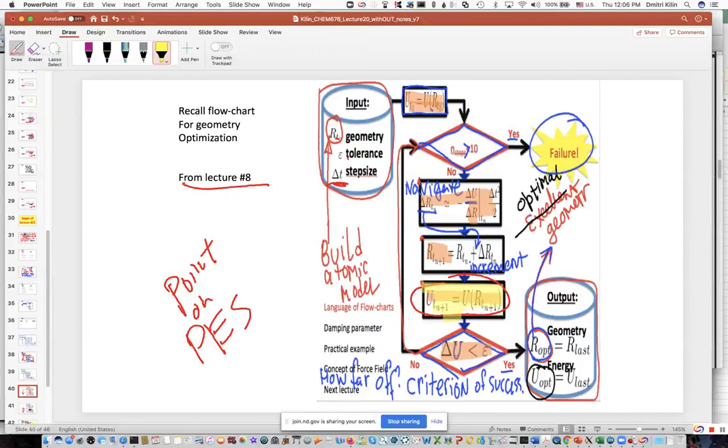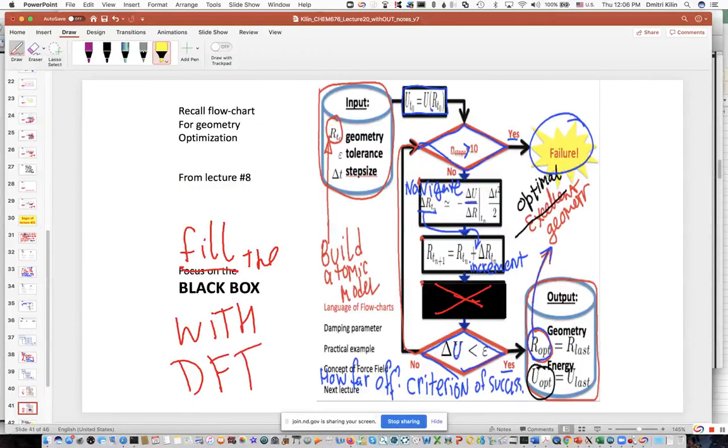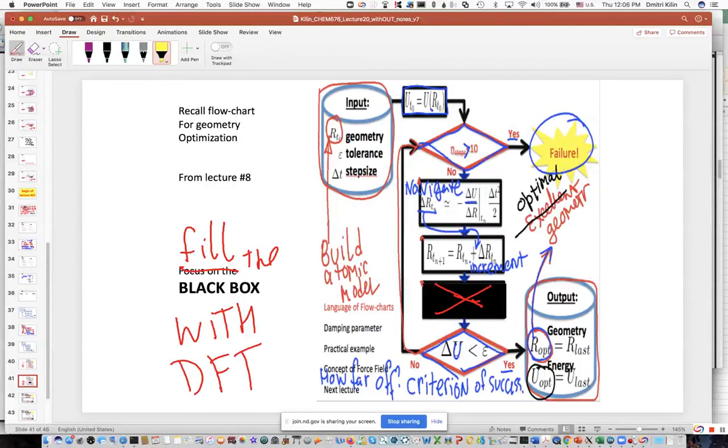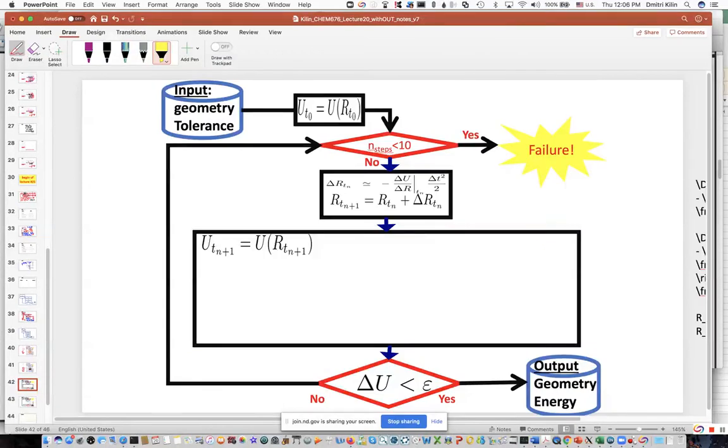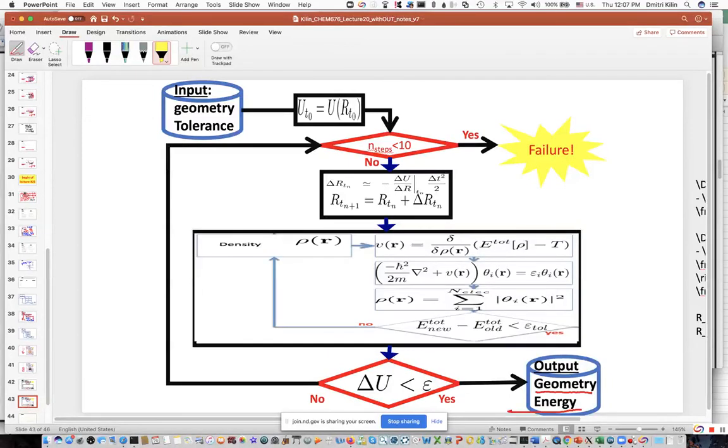Yes, we can do that. So in this black box, which before we didn't discuss where we get this total energy from, now I just redraw it as a bigger box, and in this open space I am going to plug in the Kohn-Sham algorithm.